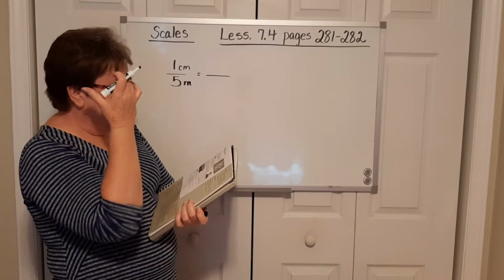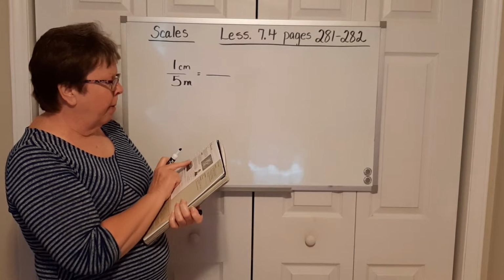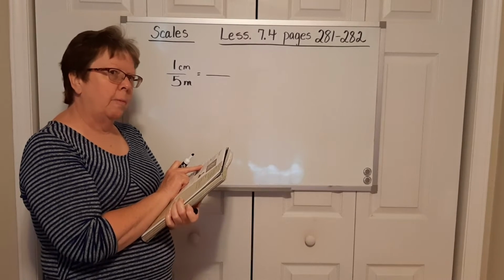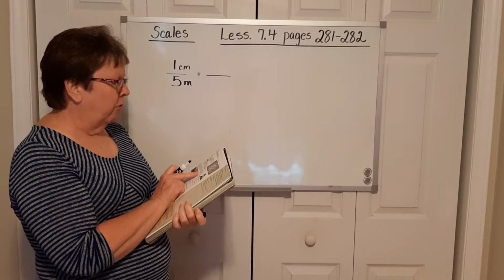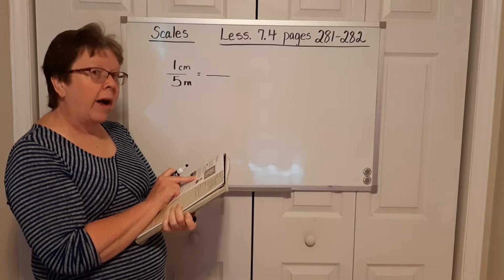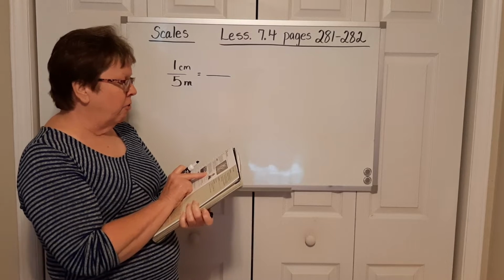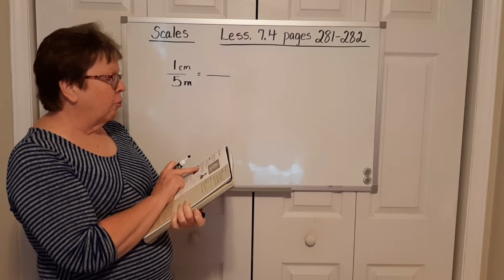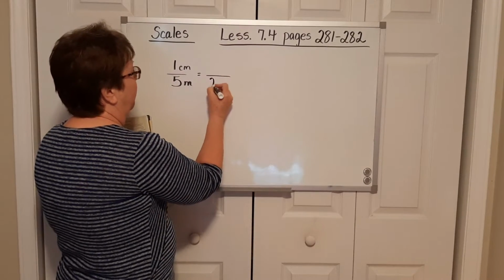And then it says you can set up a proportion, think about that, it's fractions, and use the property of proportions. The product of the extremes equals the product of the means to find the length of the bridge in the drawing when the actual length is 27 meters.